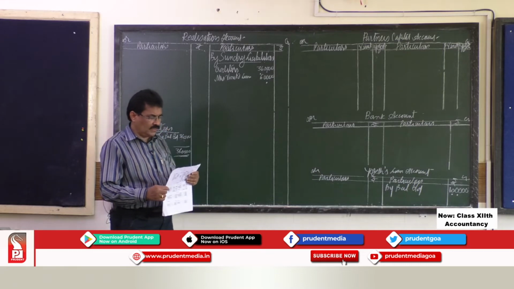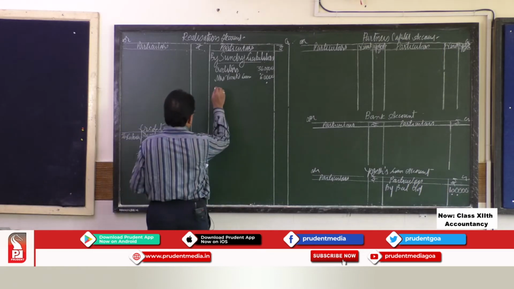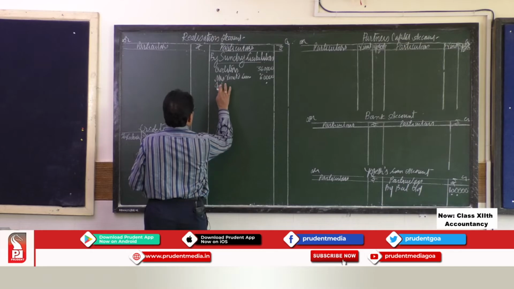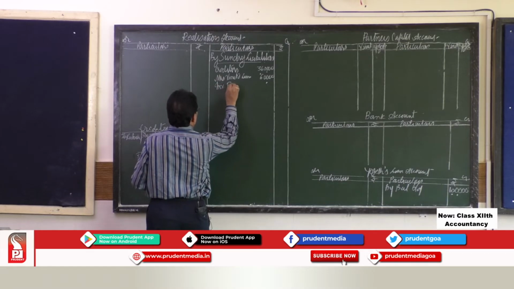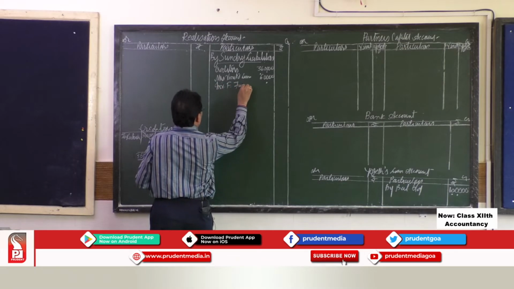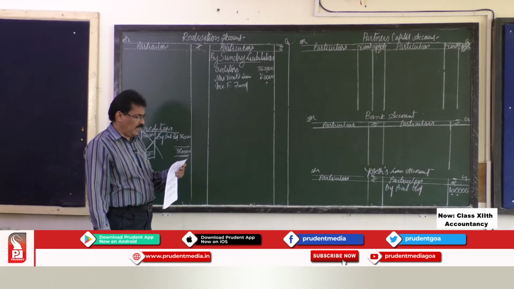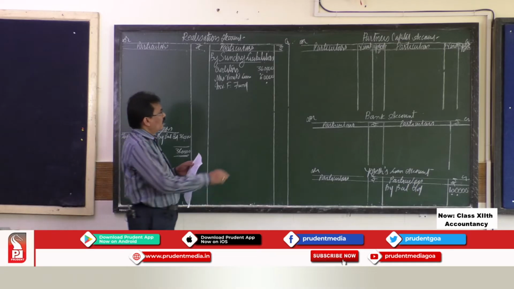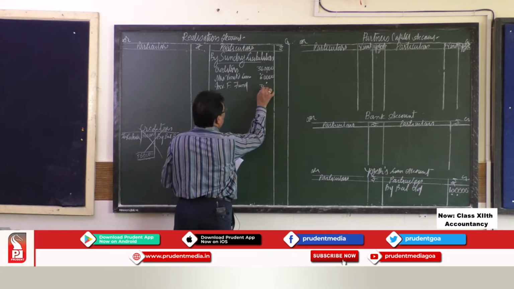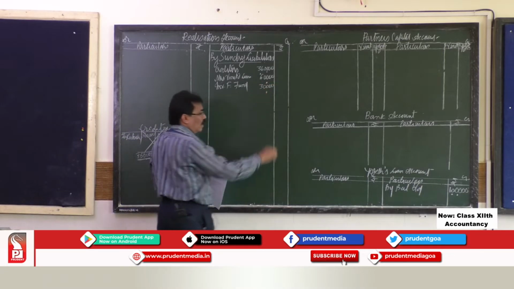Then next is investment fluctuation fund. Investment fluctuation fund is rupees 30,000.